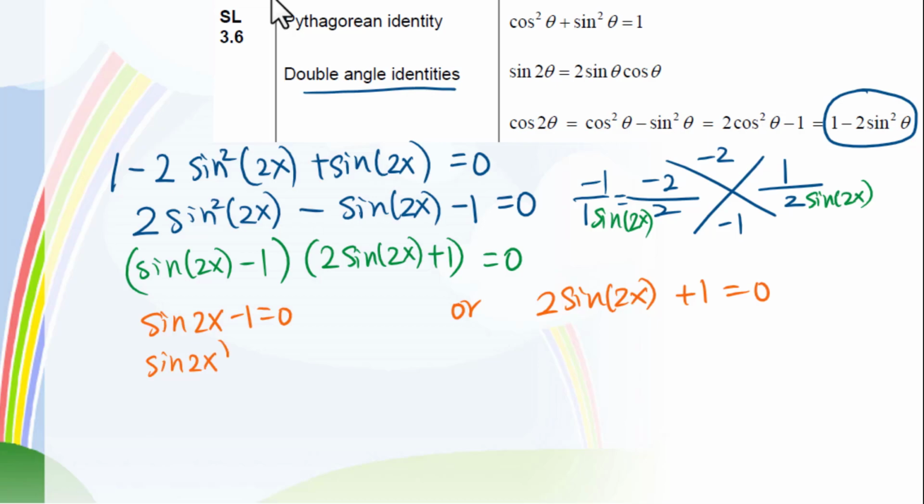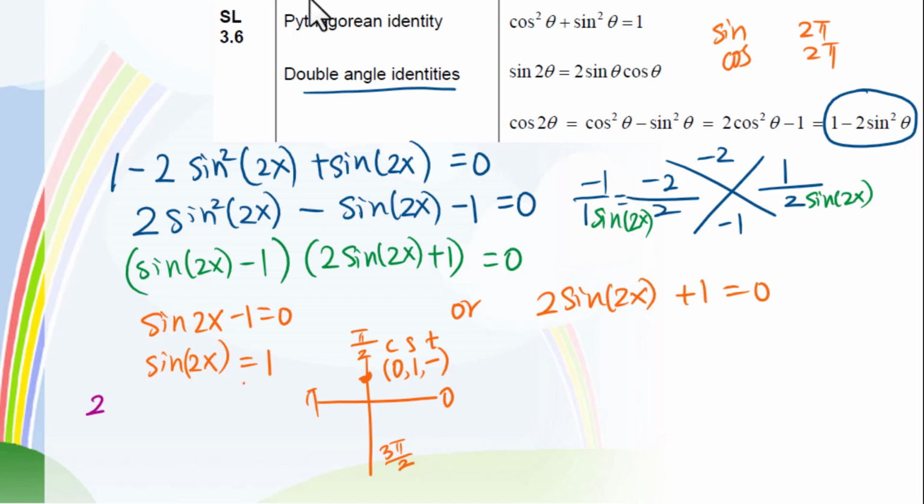Sine 2x equals 1. This is a quadrantal angle: 0, pi over 2, pi, 3 pi over 2. For the unit circle, it's 0, 1, undefined, 0. Sine pi over 2 equals 1.